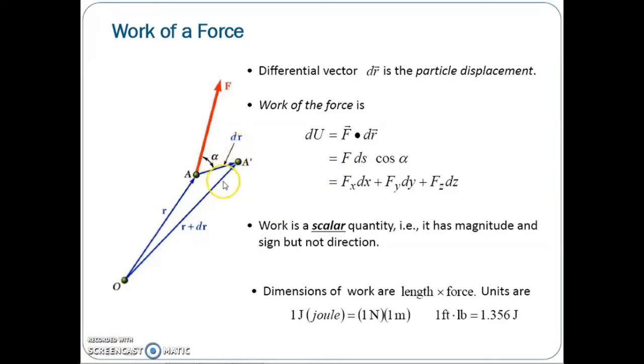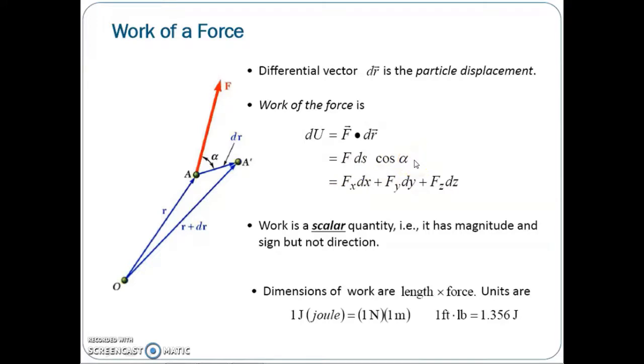If the angle alpha is formed by this force vector F and the displacement dr, then the scalar product of the two vectors can be written as F ds cos alpha.